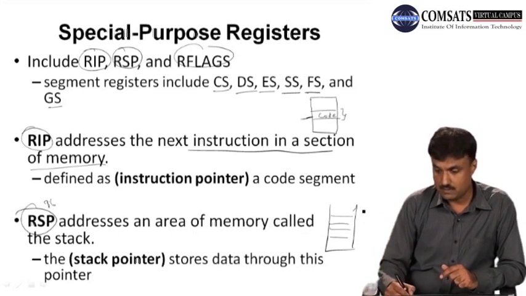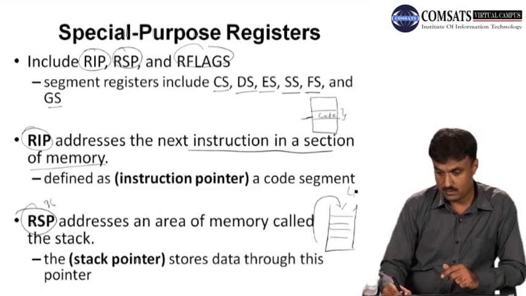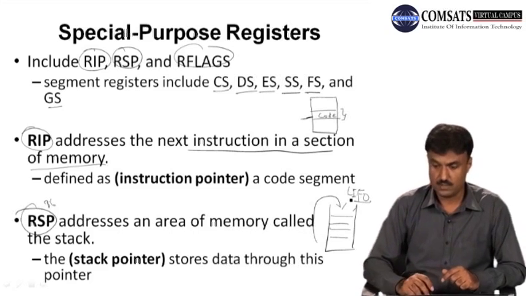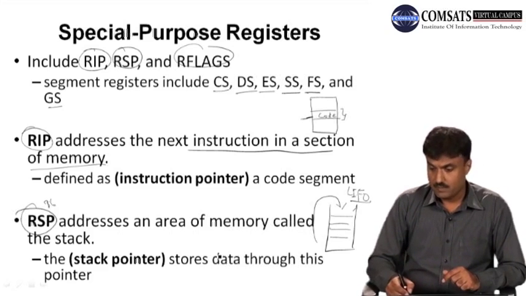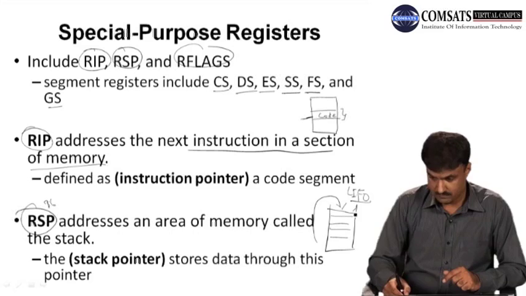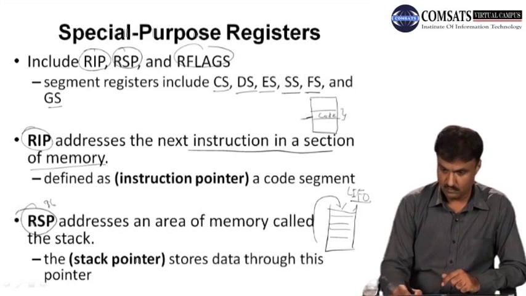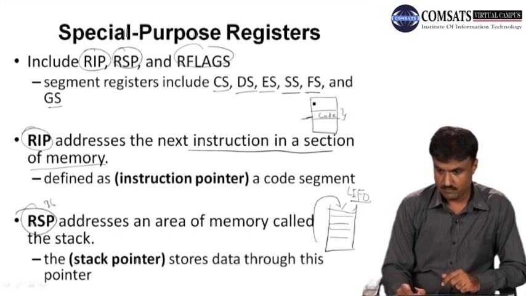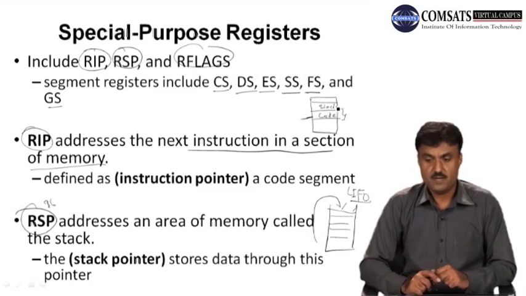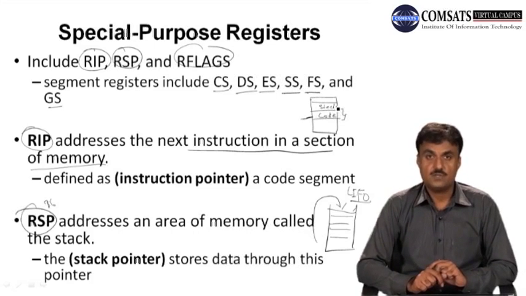This is a stack, which I want to show you here. It is a LIFO system, last in first out. This is the stack segment, another portion of memory we use to implement the stack data structure.